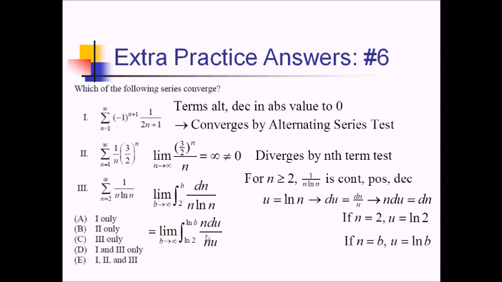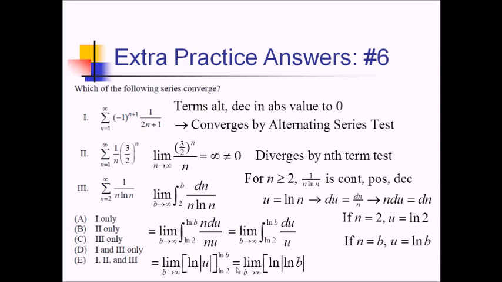N's can cancel out, so this is just du over u. Now we can take the antiderivative since there's only u's left. This is going to be ln absolute value of u, evaluated from ln of 2 to ln of b as b approaches infinity, so a lot going on here. So this is now limit as b approaches infinity of ln of b. Still going to leave the absolute value around because we could still get a negative number out of here since we're taking ln of numbers that are smaller than ln of e.